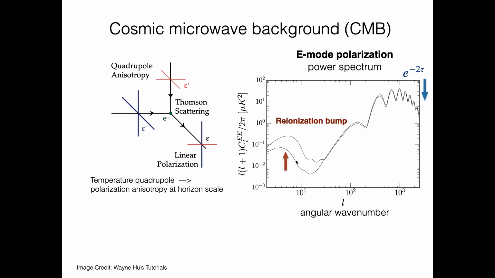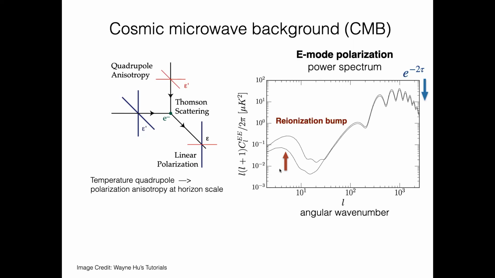So over here would be higher redshift, and lower redshift would be the signature on larger scale, smaller wavenumber. Therefore, the shape of this bump is telling us information about a particular history of reionization and how much scattering there has been.